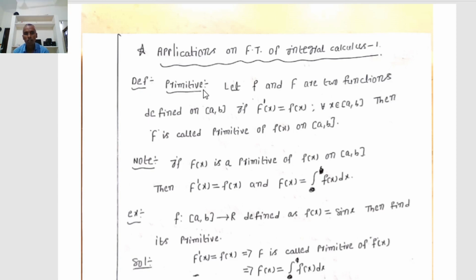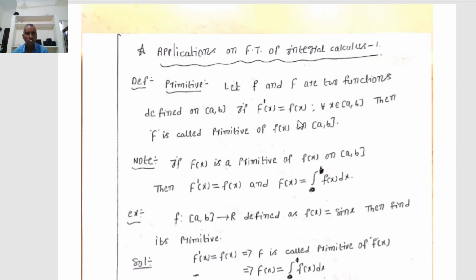Definition: what is the primitive of a function small f of x? Let small f and capital F be two functions defined on the closed interval [a, b]. If capital F dash of x equals small f of x for all x belonging to [a, b], then capital F is called a primitive of small f of x on [a, b]. Sometimes we write f and g: let f and g be two functions defined on [a, b].